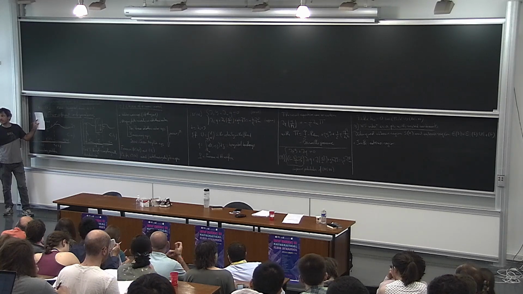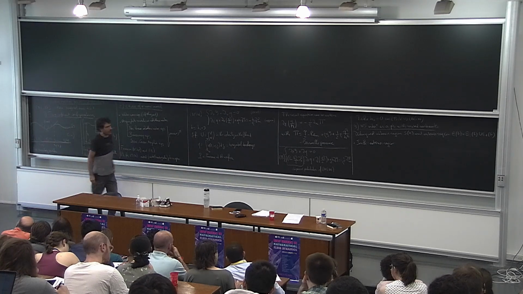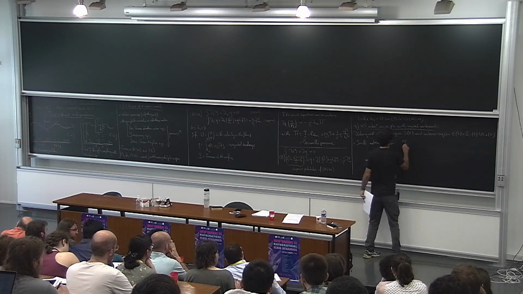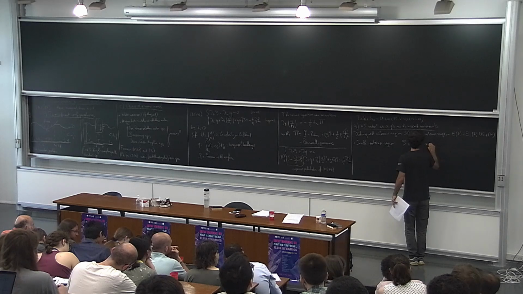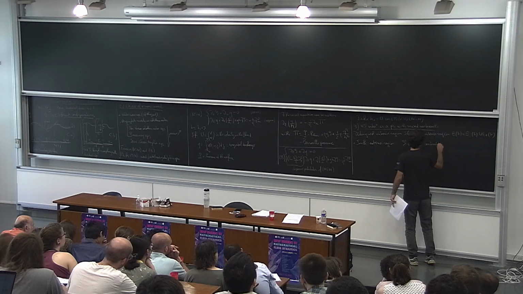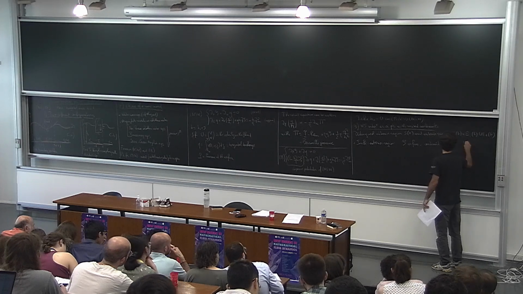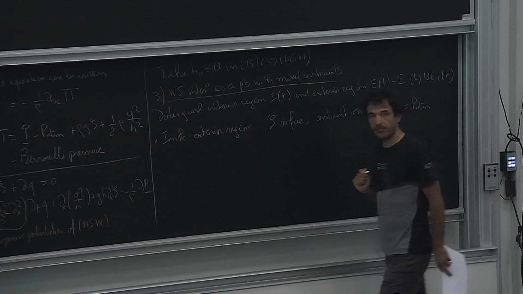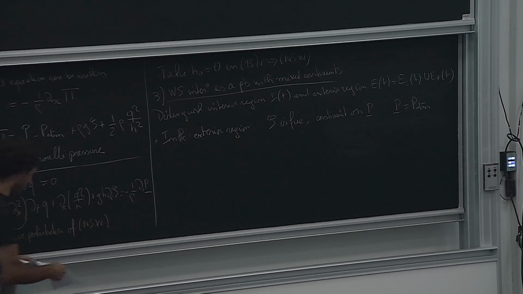The constraint is on the pressure. So zeta is free, but you have a constraint on the surface pressure, which is that P bar should be equal to the atmospheric pressure.